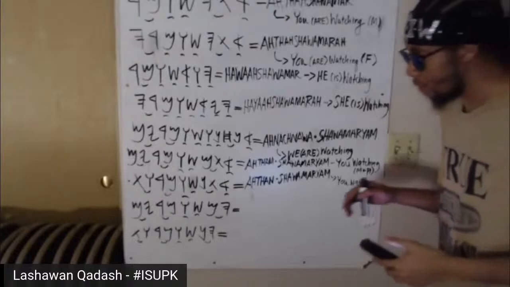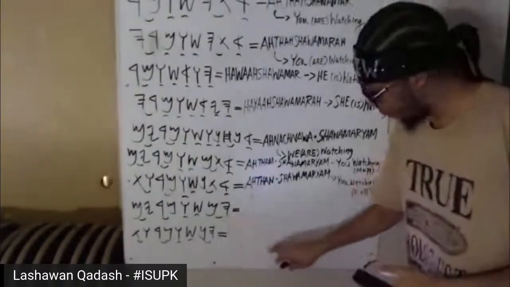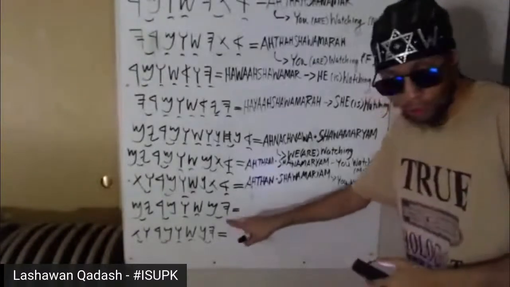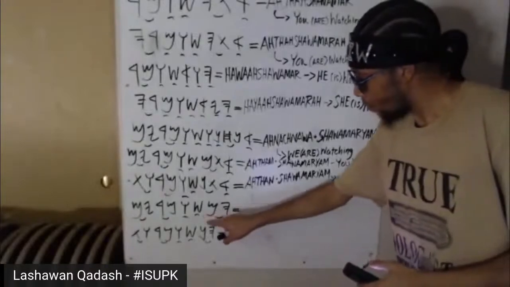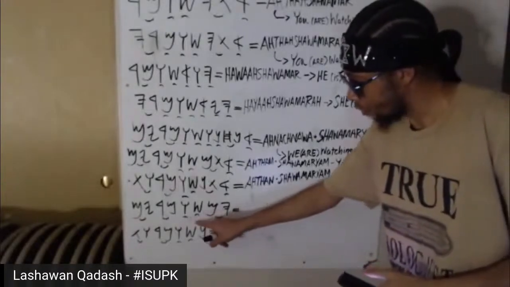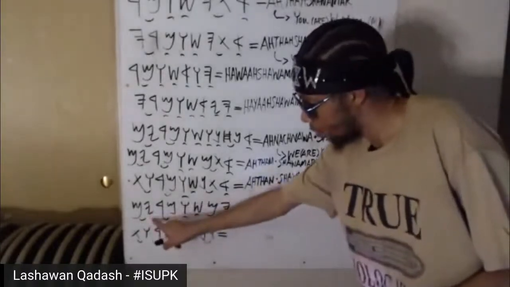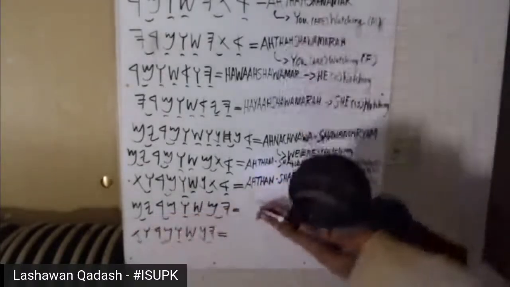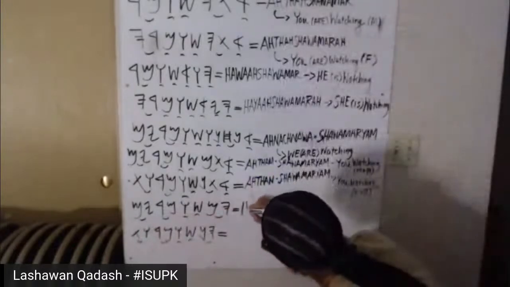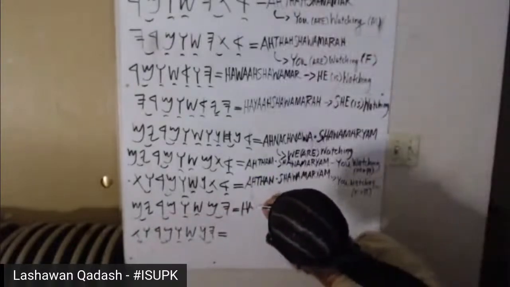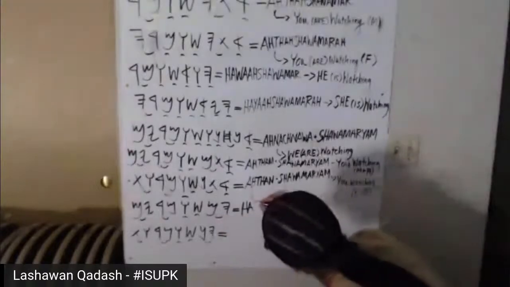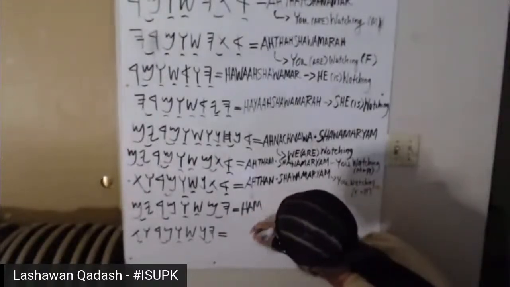All right. We have the huh, right? We have the huh. We have the ma, the sha, the wa, the ma, the ra, ya, and ma. So HA is connected, of course, so it's going to be HAM.